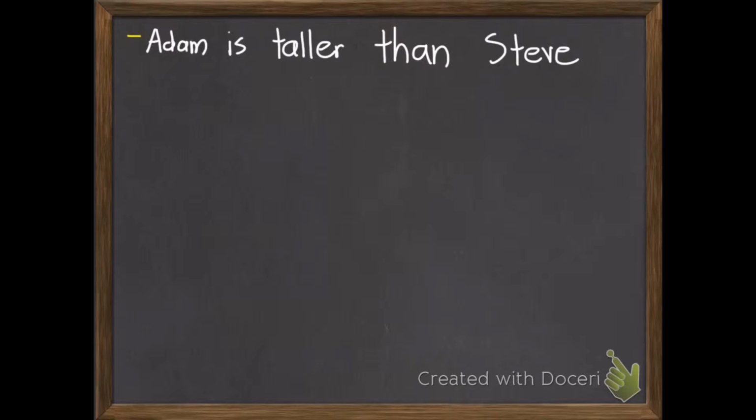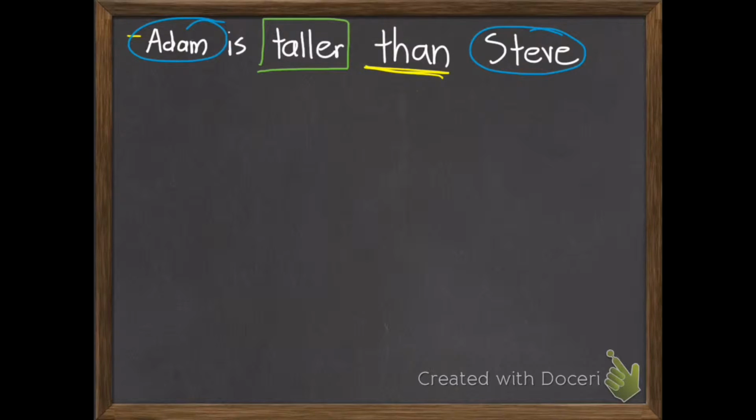Adam is taller than Steve. Here, the comparative word is taller. As you can see, we use than to indicate that we're comparing two people. In this case, Adam and Steve.